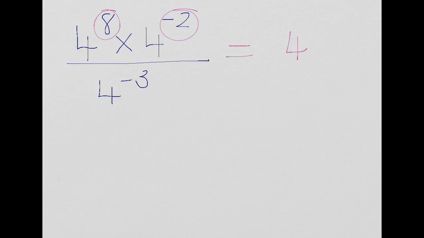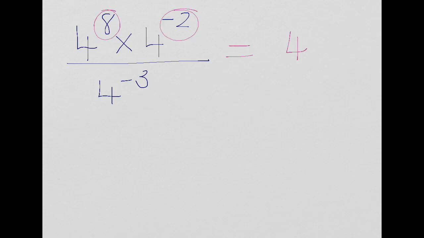You get bigger when you add, but when you add a negative number, you go down. If you add a negative number, rather than going up the number line, you go down. If you subtract a negative number, rather than going down the number line, you go up. You always do the opposite if you think about it.